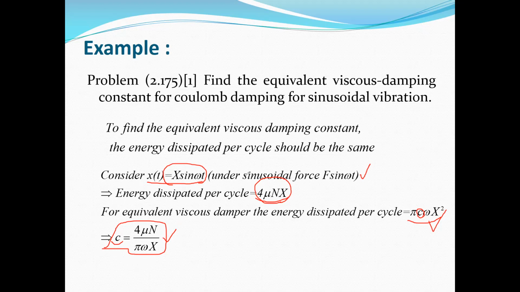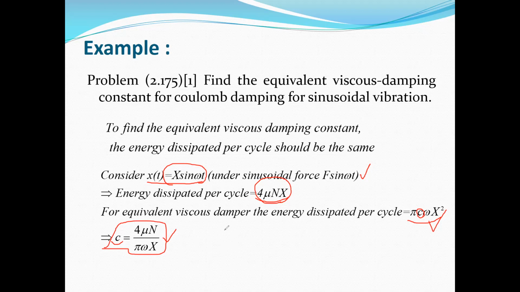So for this case we can use this equivalent damper, and if you want to extract the response for the system subjected to a harmonic excitation, you can use this equivalent and solve the equation of motion.